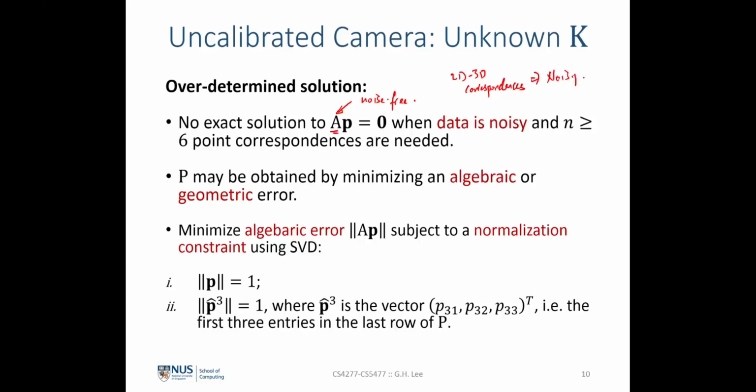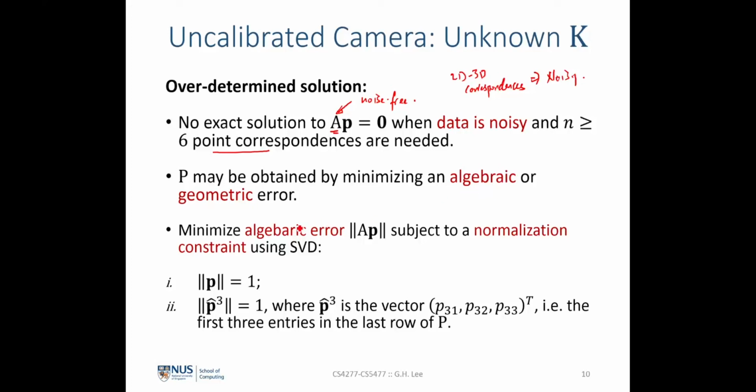In order to deal with such noisy data, we learned in the previous lecture that in general, we need more than the minimal number of point correspondences to compute the solution for this P vector. As a result, it's always better to use more than 6 point correspondences. And the solution of the camera projection matrix can be obtained by either minimizing the algebraic or the geometric error, as we have seen earlier when we looked at the case of the homography.